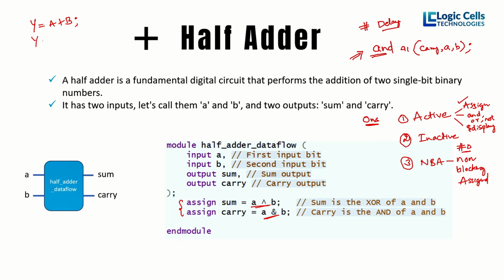If you use y less than equal to a plus b, this is a non-blocking assignment operator. All these things we need to understand while discussing Verilog. These are very important for the designer, and also for the verification engineer, who has to know how exactly to use them.